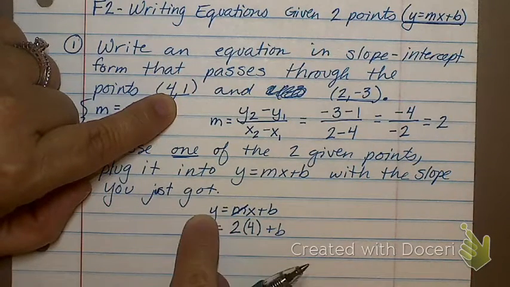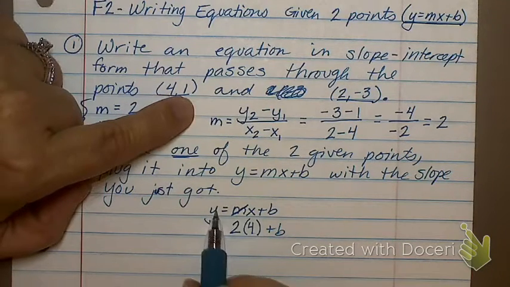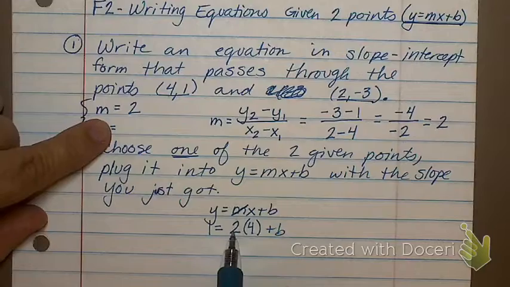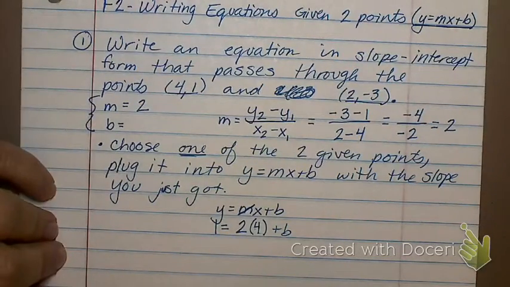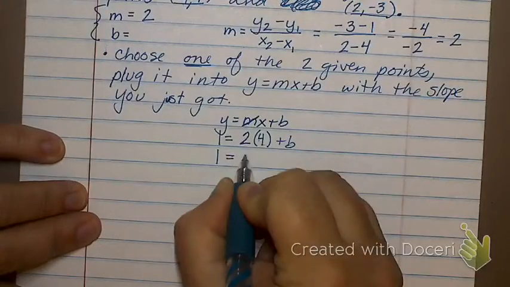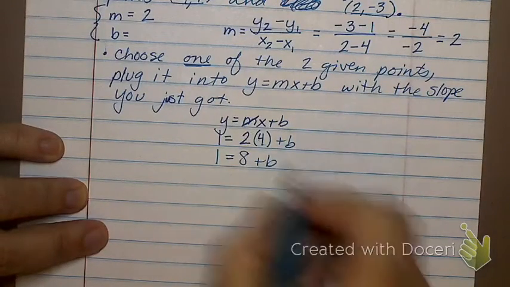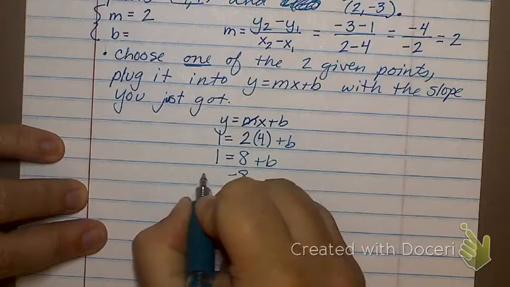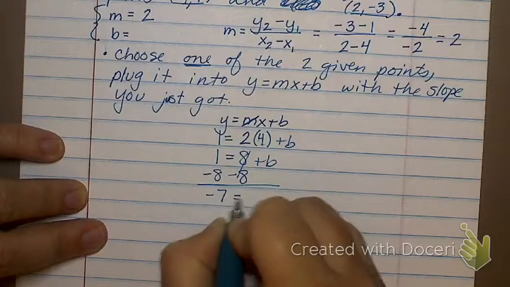I just translated y equals mx plus b with the y value, the m value I got in the last step, and the x value from that same point. Why is that helpful? Well, let's see what happens here. 1 equals 8 plus b. How do I solve for b? Subtract 8. So negative 7 equals my b value.